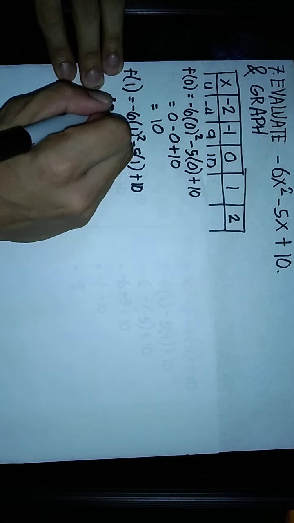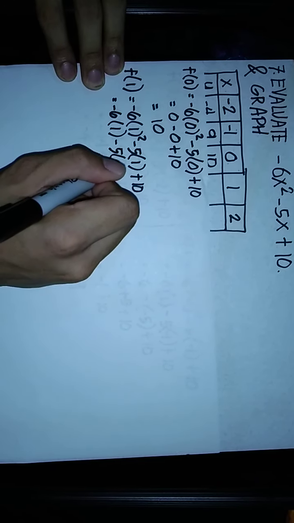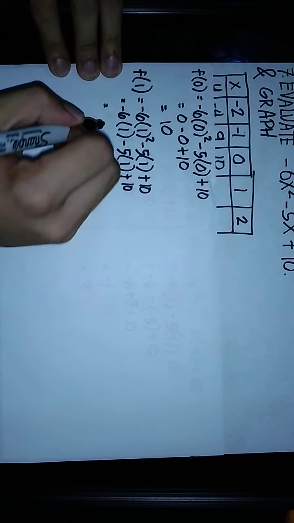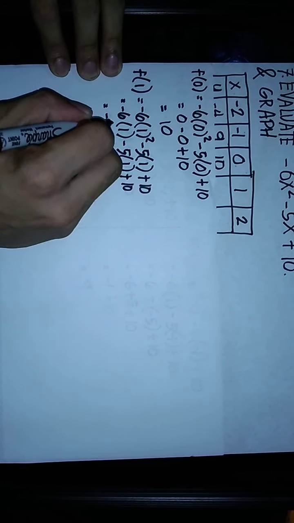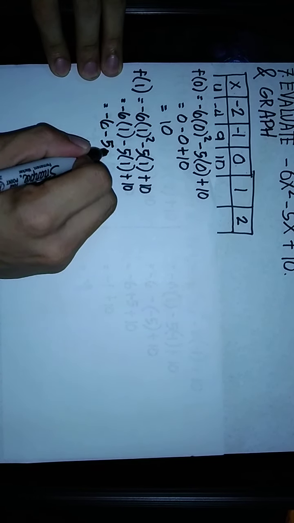So, this is equal to negative 6 times 1, minus 5 times 1, plus 10. So, negative 6 times 1 is negative 6. Minus 5 times 1 is 5. Then, plus 10. Okay. So, let's solve for negative 6 minus 5.